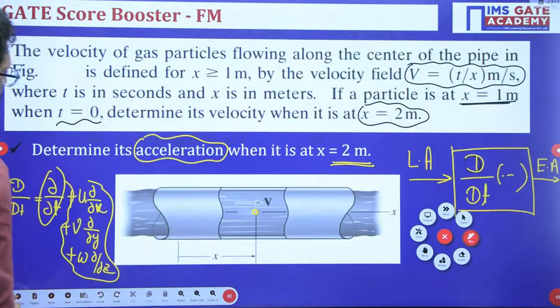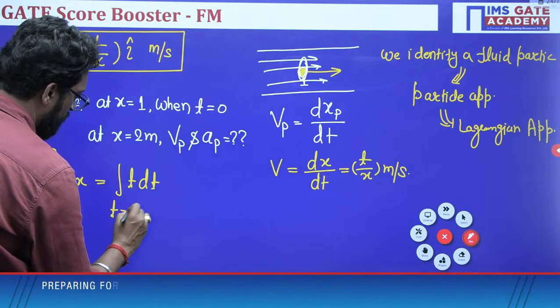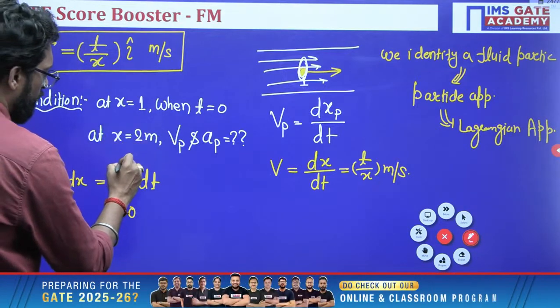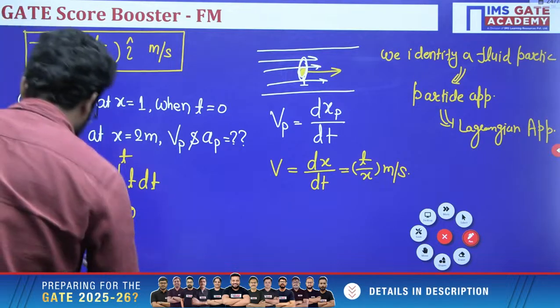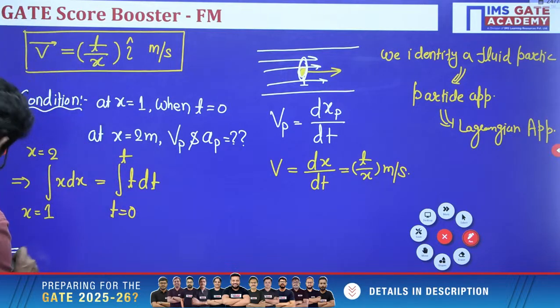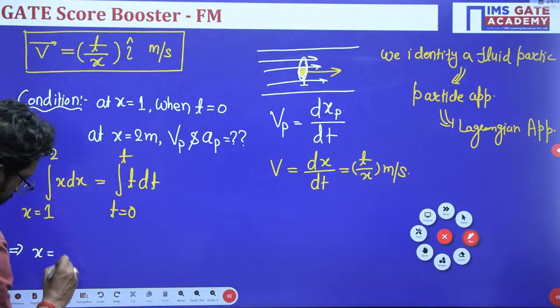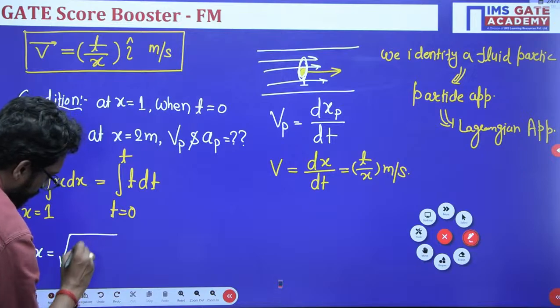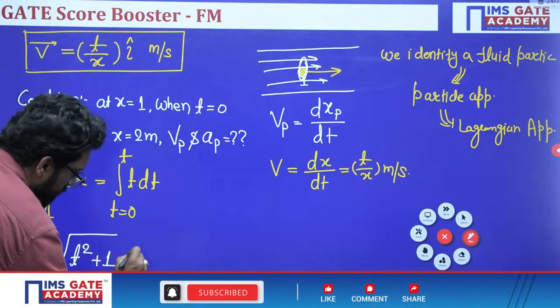When the particle is at x equal to 1, the time is 0. When the particle is at x equal to 2, let's suppose the time is t. If you integrate and put in the values, x is equal to the square root of t squared plus 1 meter.